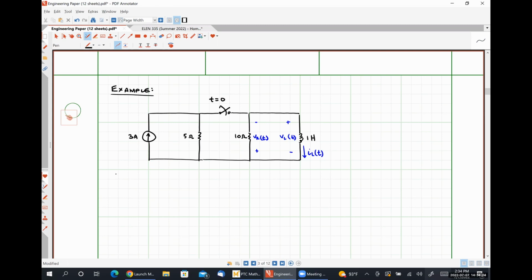So step number 1 will be to analyze the circuit at t is equal to 0 minus.